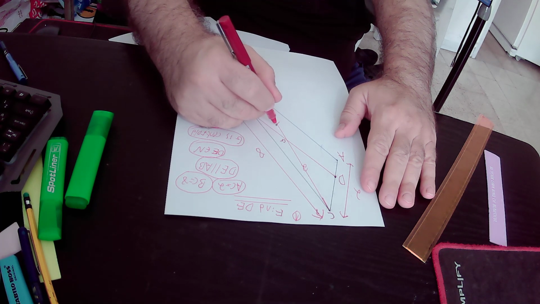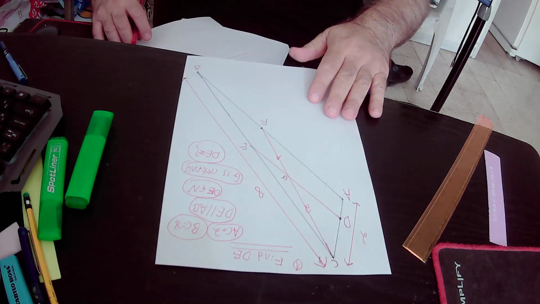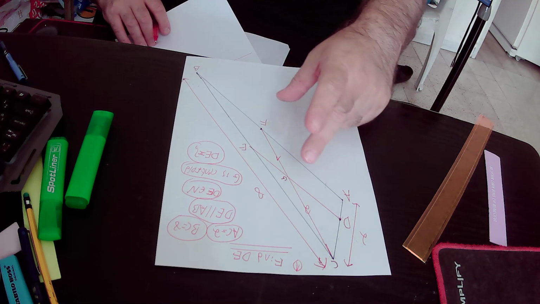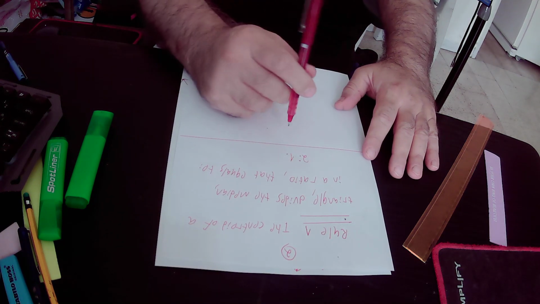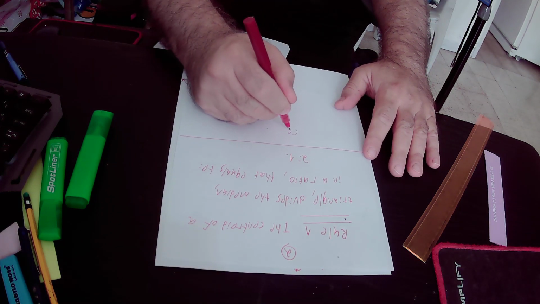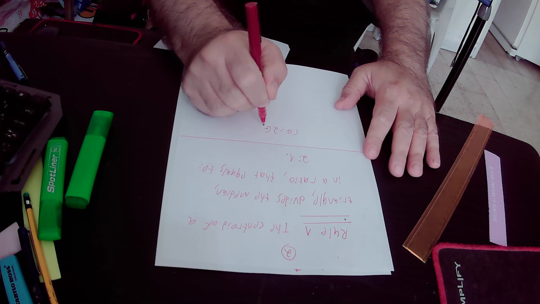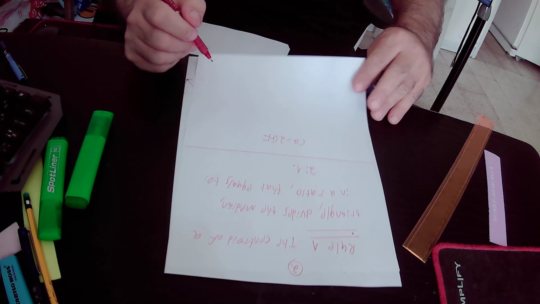You can also say that CG is twice as large as GF. So CG equals 2 times GF.